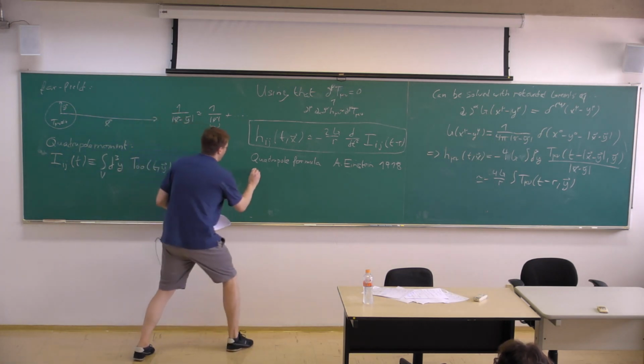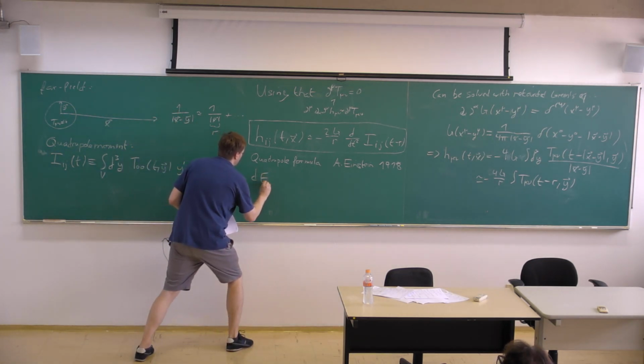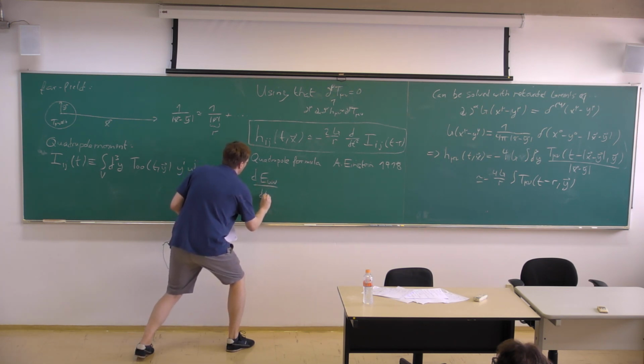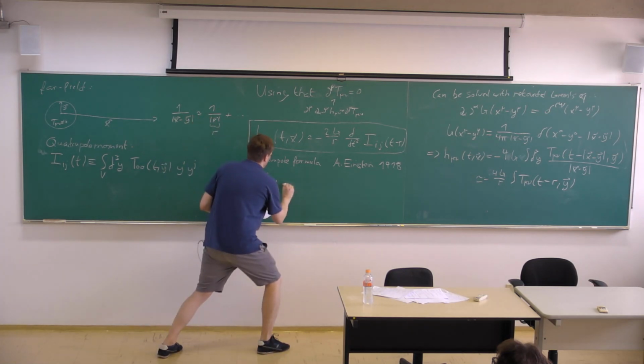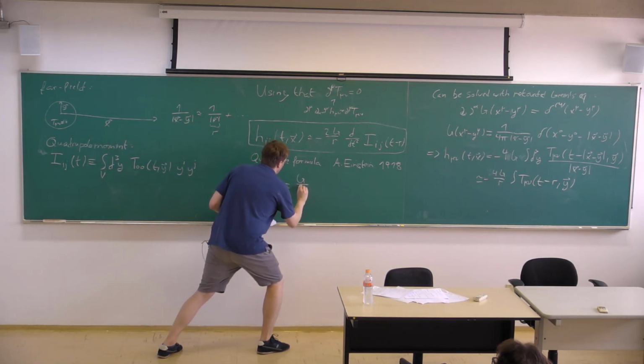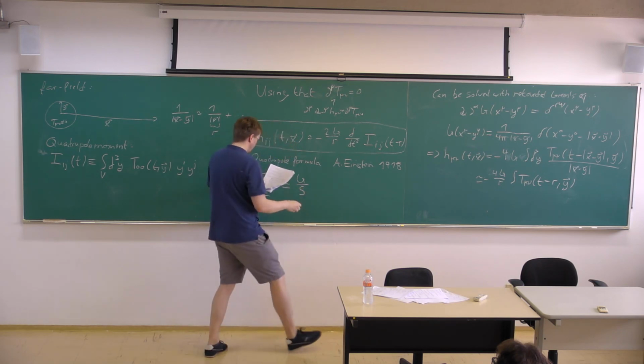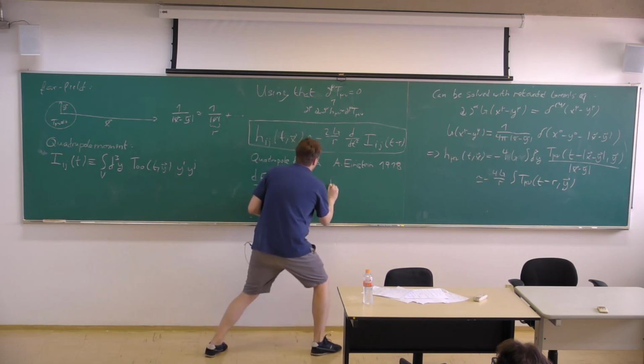So, the energy density in gravitational waves that is radiated away from this enclosed region is given by G over 5 times the third time derivative of the quadrupole moment.